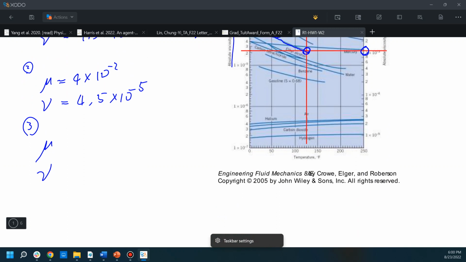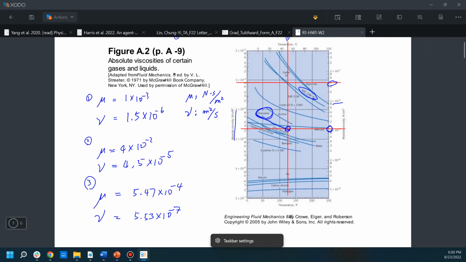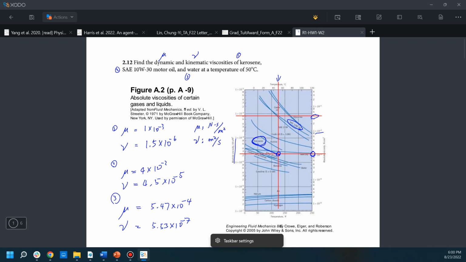So if you know how to read those tables and figures, then you are good for this problem.